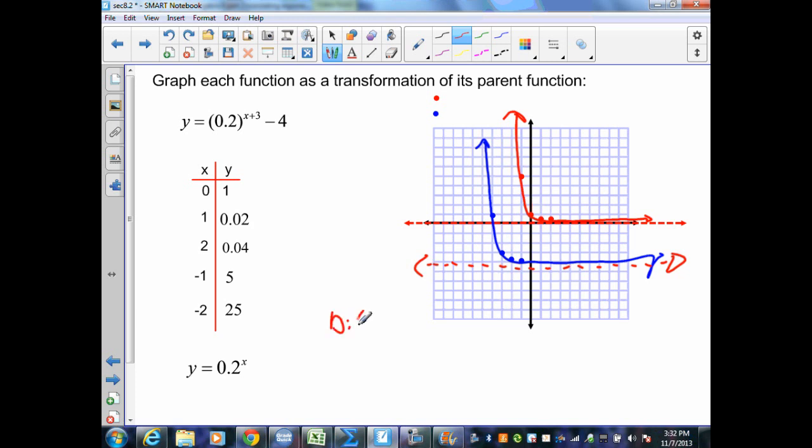My domain, x, can be all real numbers. And my range, where y is greater than a negative 4.